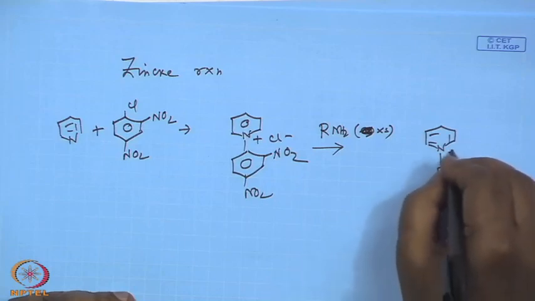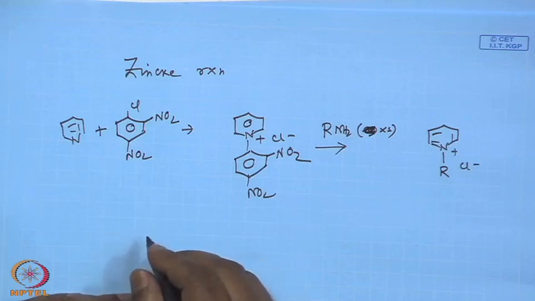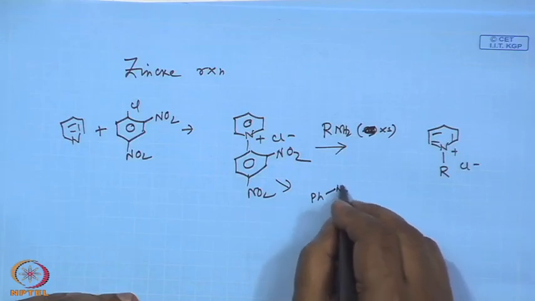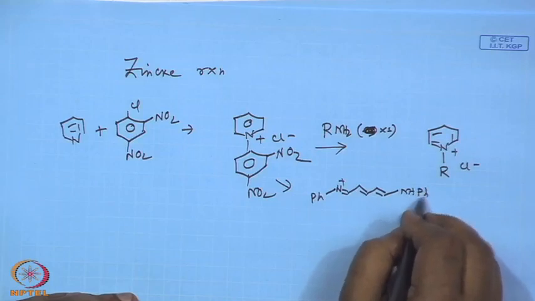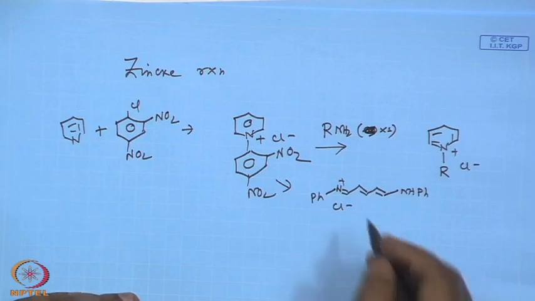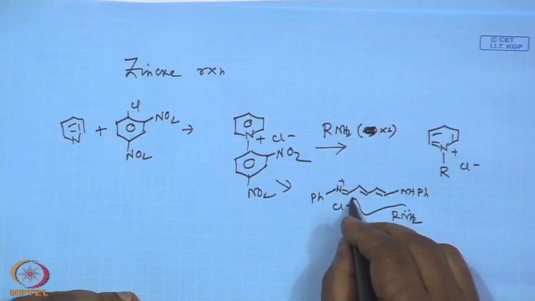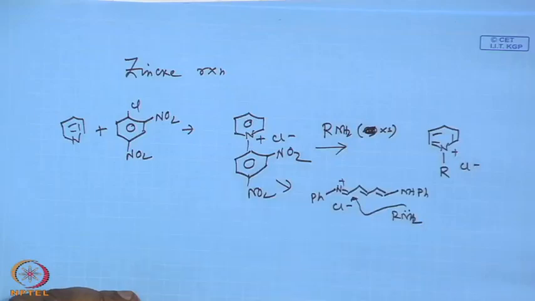This nitrogen comes from the corresponding amine, and the mechanism suggested is that it opens up to go to this kind of conjugated system with NH, and this is chlorine minus. Then RNH2 again, just like typical nucleophilic substitution reactions, it will go like this and then recyclize to the corresponding alkyl pyridinium salt. This is known as the Zincke reaction.